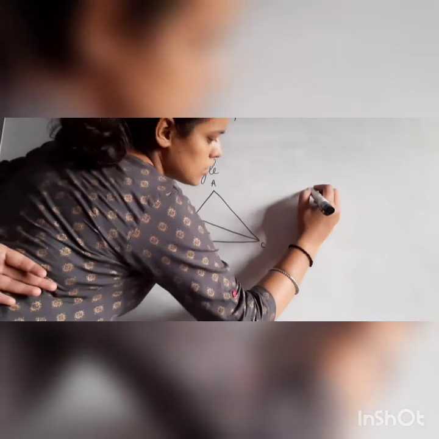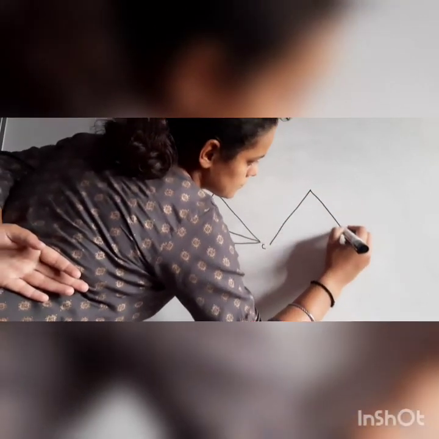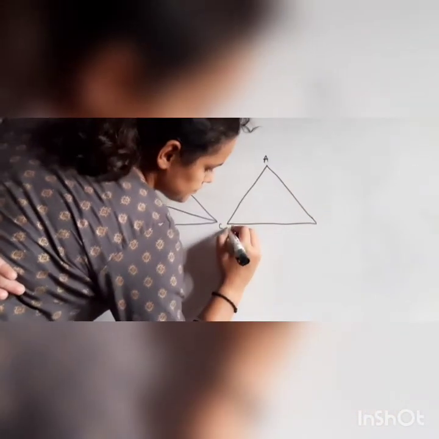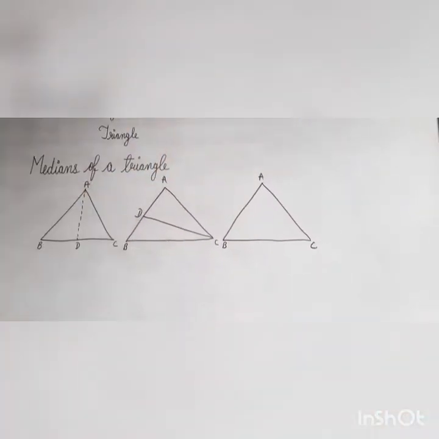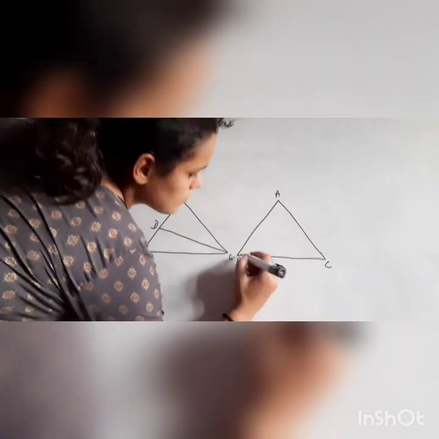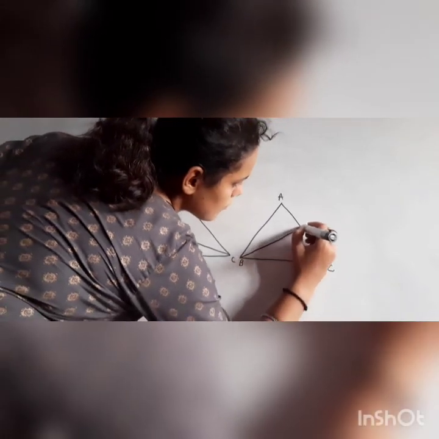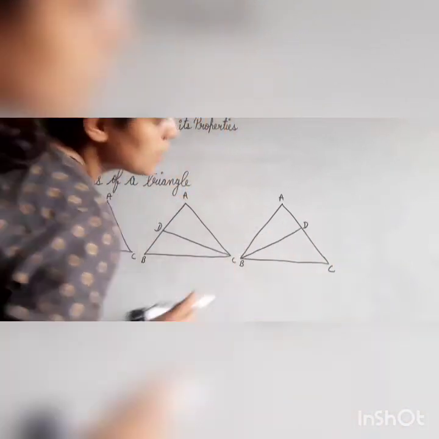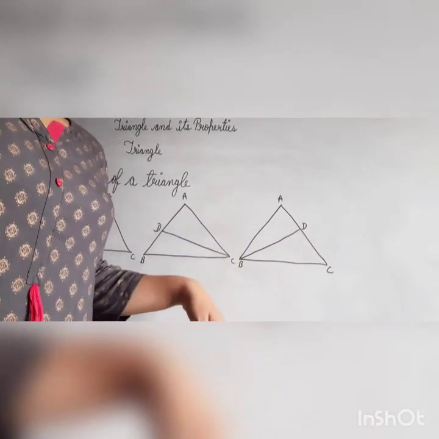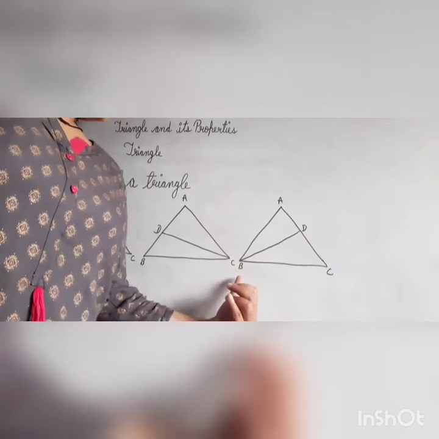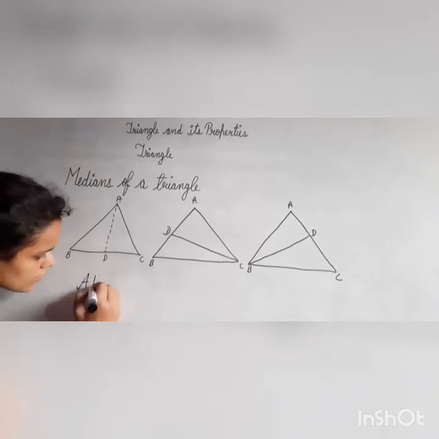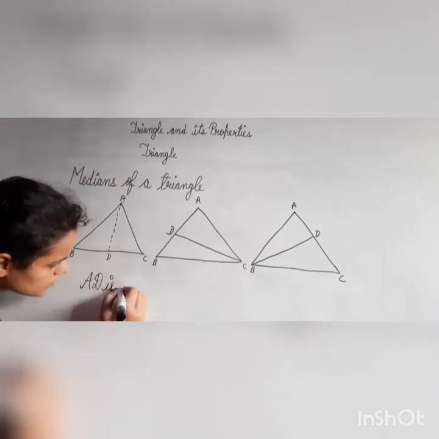Now in triangle ABC, you can find the median on AC. The line segment BD is joining the midpoint of AC to the opposite vertex B. BD is a median. In this, AD is a median.